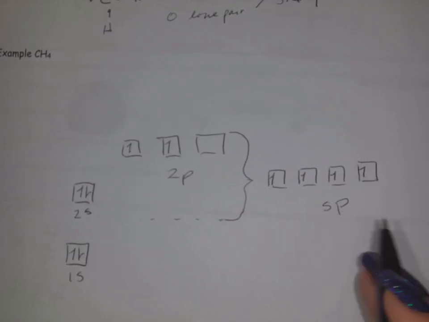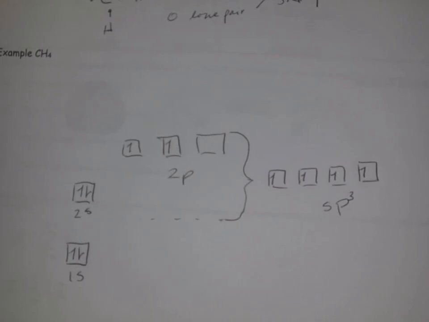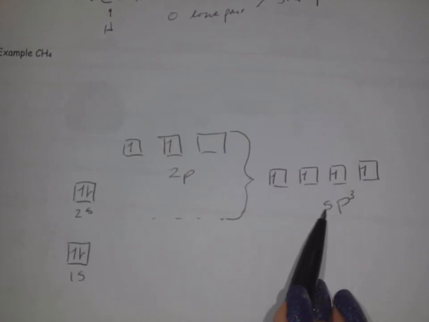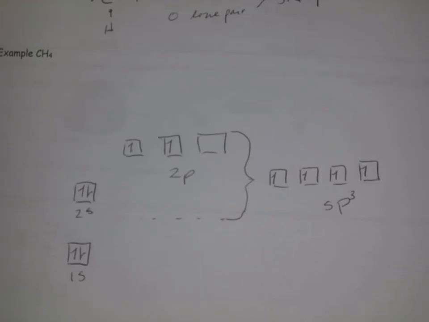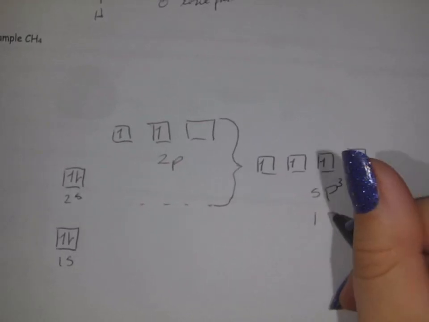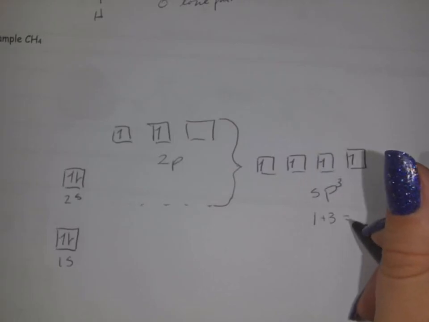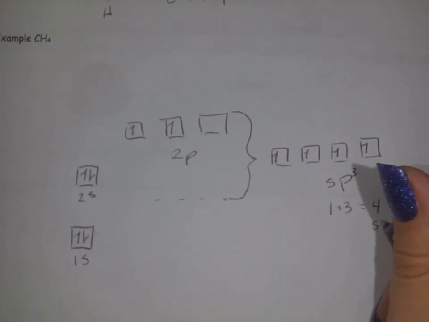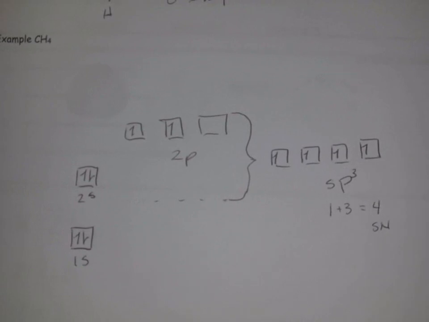We would call this an sp3 hybridization, because of these 4 orbitals, 1 was an s and 3 of them used to be a p. So that gives us 4 hybrid orbitals. And that's what works for a steric number of 4.